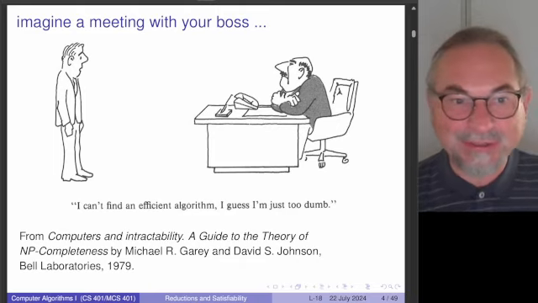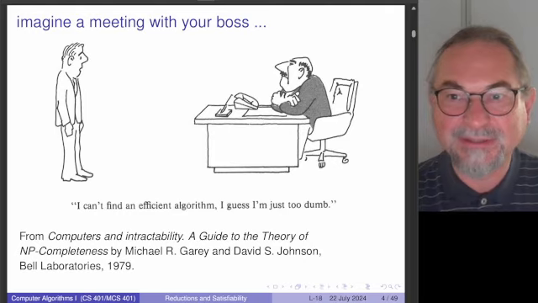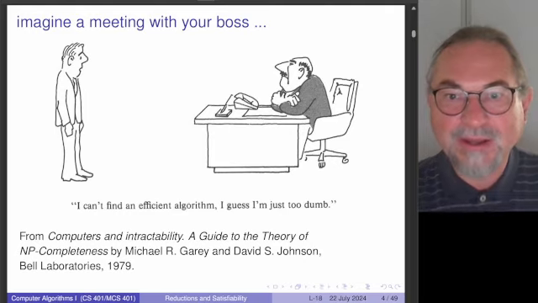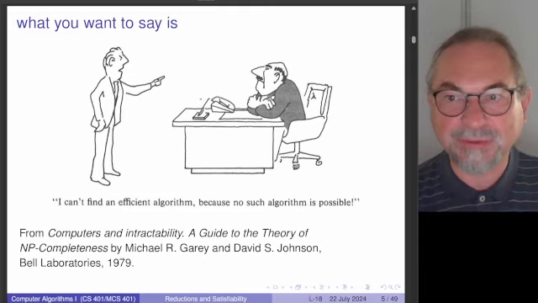So here is then the question. Some situation that you would never like to find yourself in: I can't find an efficient algorithm. It just means that I might be too dumb. Well, actually, what you want to say is that there isn't such an algorithm possible.